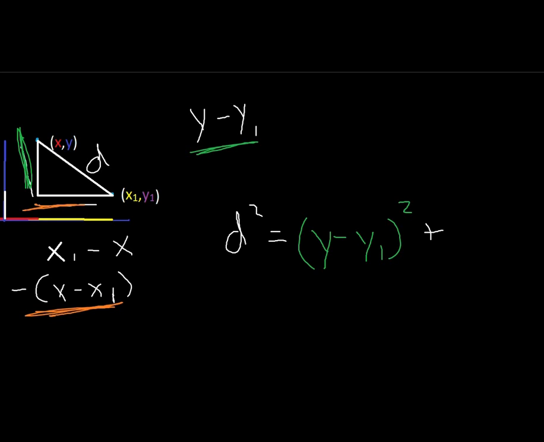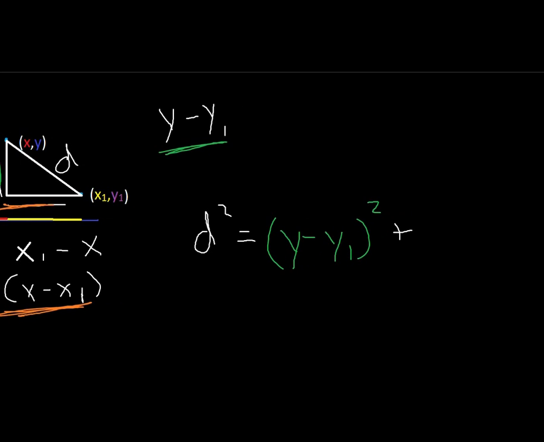And remember, when you square a negative, it cancels out. So you just get plus x minus x sub 1 squared. And then you can take the square root of all of that to find the actual distance.